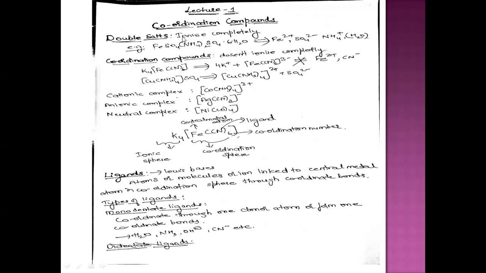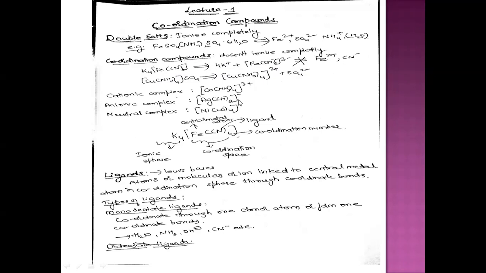So the compounds which do not ionize completely, whereas they ionize only as one cation and one anion, are said to be coordination compounds. That is the major difference between the normal compound which ionizes completely, that is a double salt, and the one which ionizes incompletely, that is a coordination compound. That's why it is said to be a coordination compound.